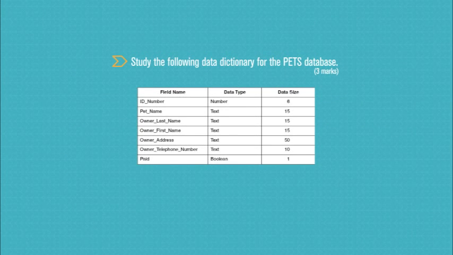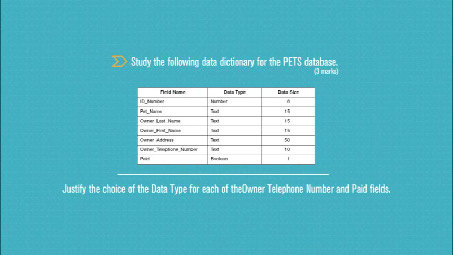Once again, they've given us an extract of the database, but this one is a data dictionary. So the data dictionary shows us what the database table should look like. Field name, data type, and data size are all described. And then the question says, justify the choice of data type for each of the owner telephone number and paid fields. So let's just stop there.